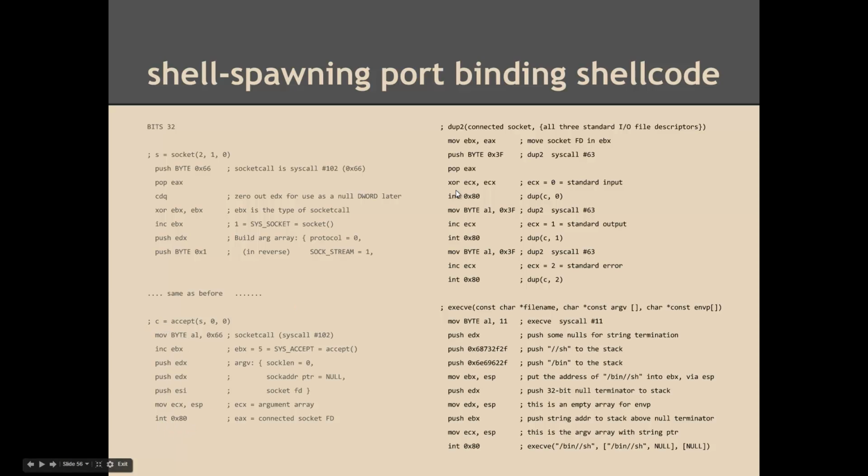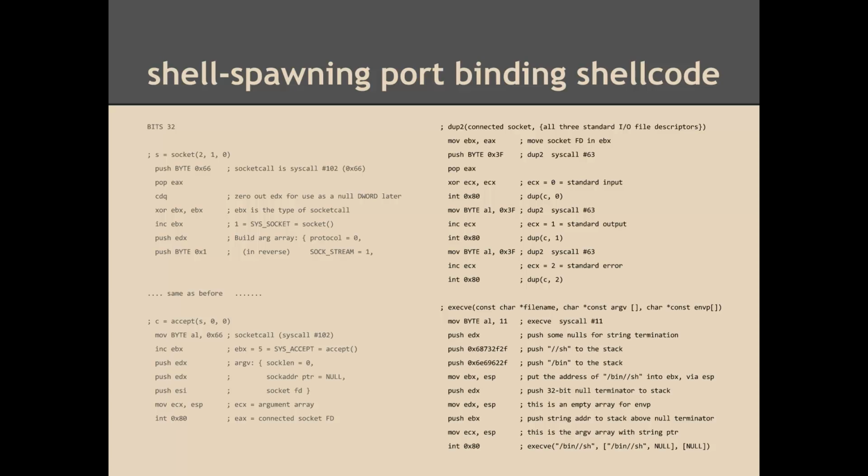So int 0x80, EAX is going to be populated with the return value for this, which is going to be an integer, which is going to designate the socket file descriptor, which is then, in this shellcode, we put it into EBX. And to call the system call, the EAX has to specify what system call to use. EBX is the first argument, and ECX is the next argument.